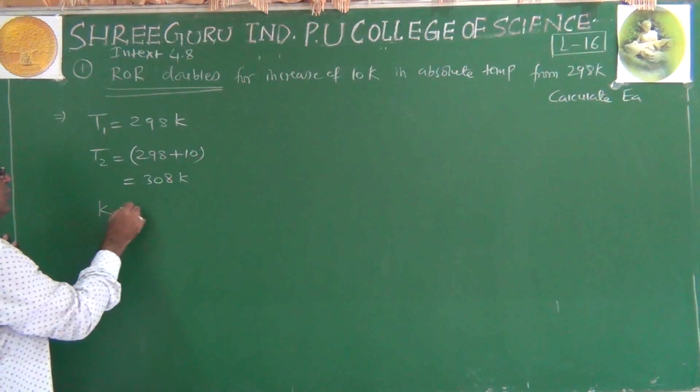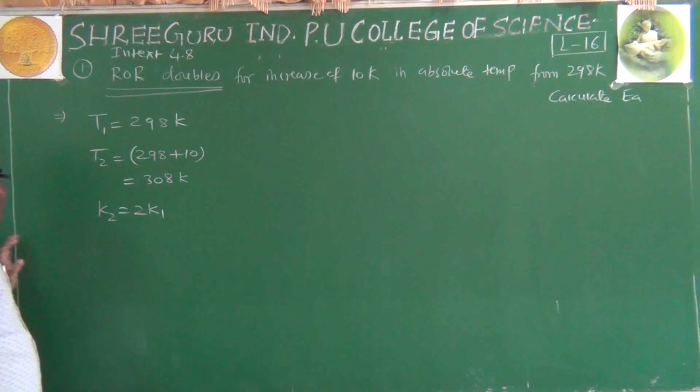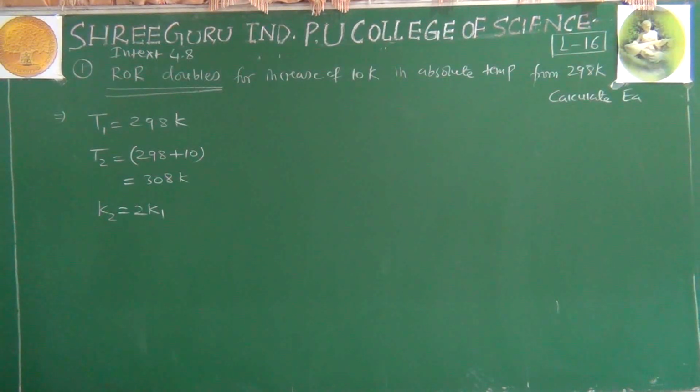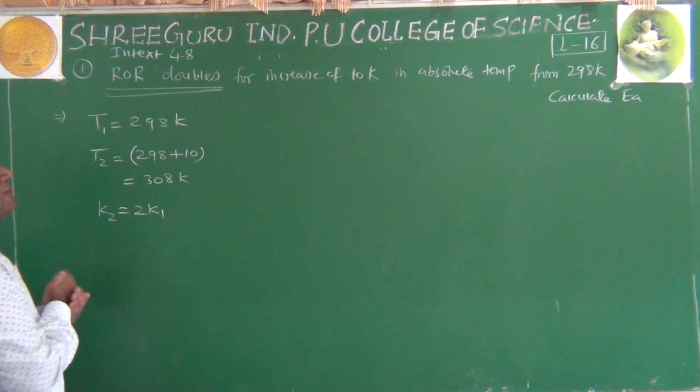So K2 is nothing but 2 times K1. If it triples, we write K2 is equal to 3 K1. If it quadruples, 4 times, we should say that K2 equals 4 K1. They have said it doubles, so we have written like this.